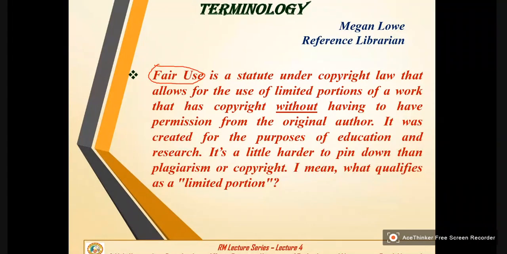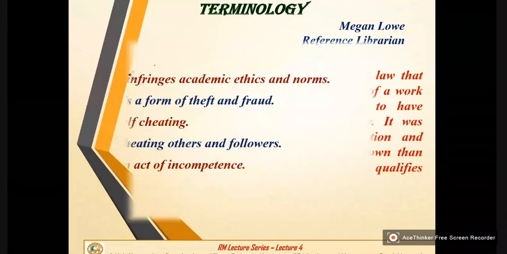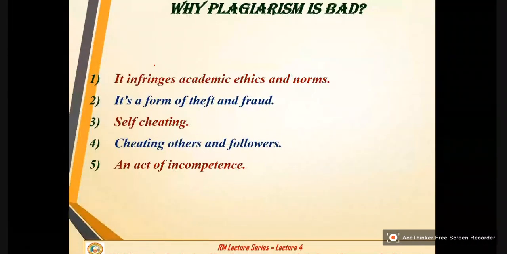So, plagiarism is a negative aspect. Copyright is a protection. Fair use is a limited usage or permission to use to a certain extent. So why is plagiarism bad? It infringes academic ethics and norms.